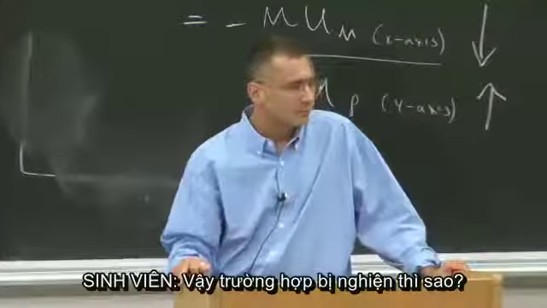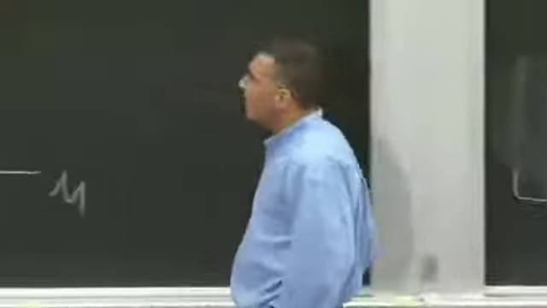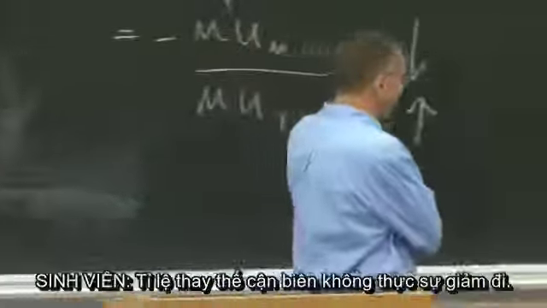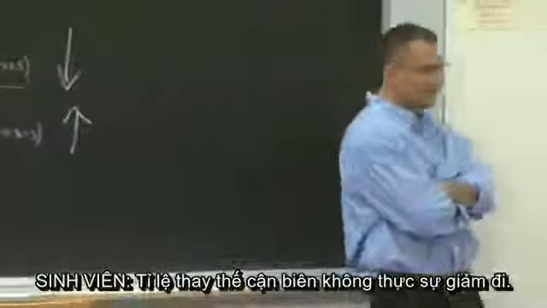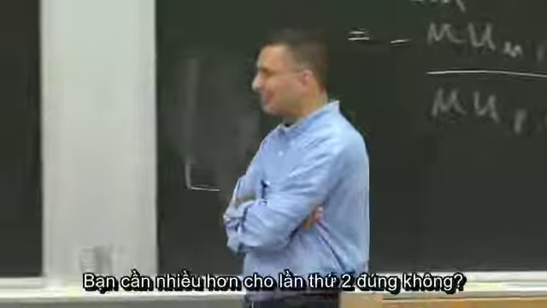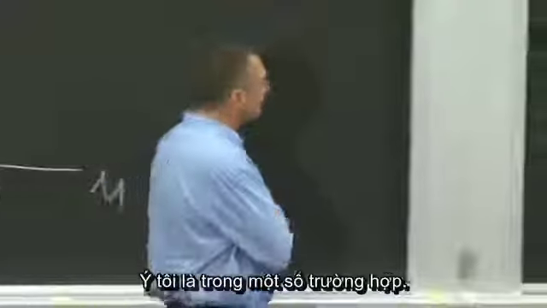What about addictions? You're going to want it more the second time. That's interesting. So how would addiction work? Basically, I guess it's not really decreasing rate of return, because you need more the second time, right? That's very interesting. I mean, in some sense, yeah.